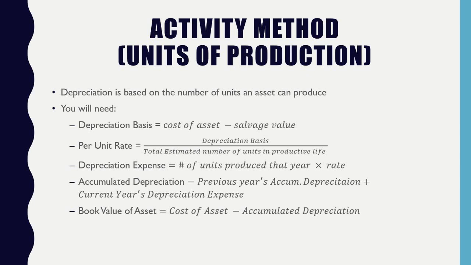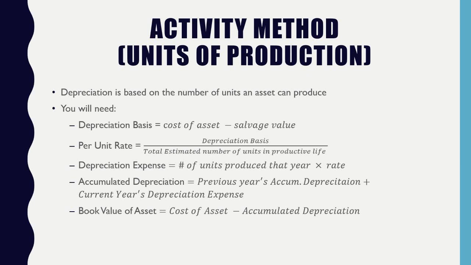We're going to be determining a couple of factors. First is the depreciation basis, which is your total cost of the asset minus the salvage value. We'll go through each one specifically.